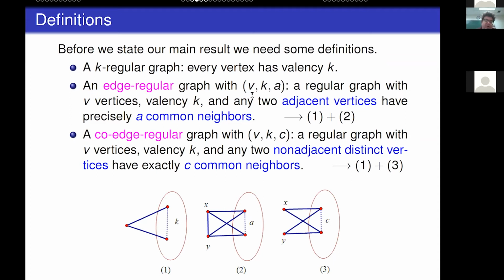A co-amply regular graph is the complement of an amply regular graph, so a co-amply regular graph with parameters v, k, c is a regular graph with valency k, and any two non-adjacent vertices have exactly c common neighbors. Note that if I take the complement of a co-amply regular graph, I get an amply regular graph, and the complement of an amply regular graph is a co-amply regular graph.